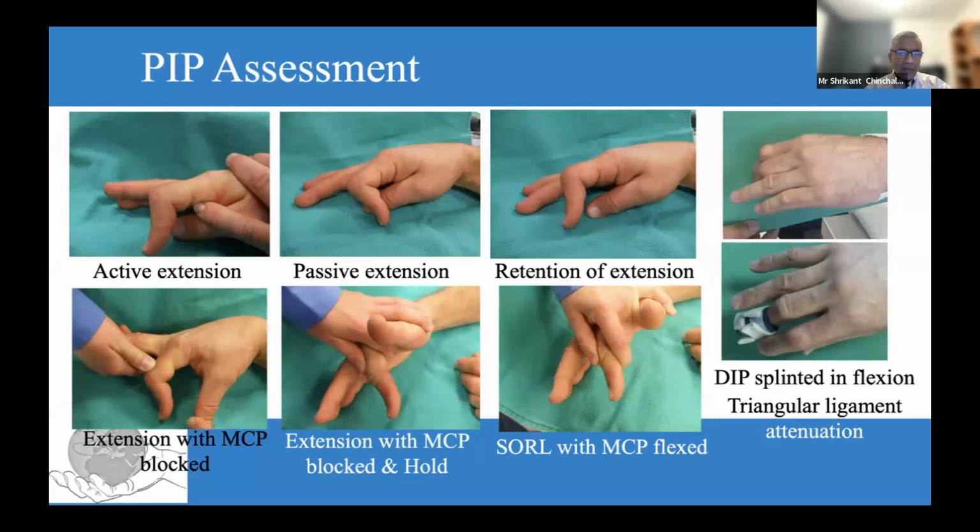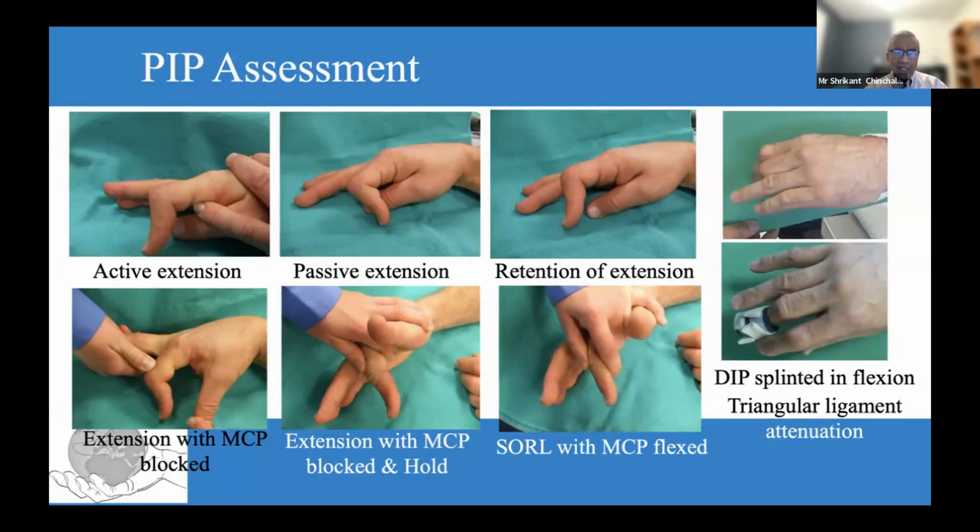The person is capable of holding the finger in extension at the PIP joint for a very short while. Again, we know that the deficiency is because the central controlling mechanism offered by the central slip is just not present for the finger to remain in an extended position.